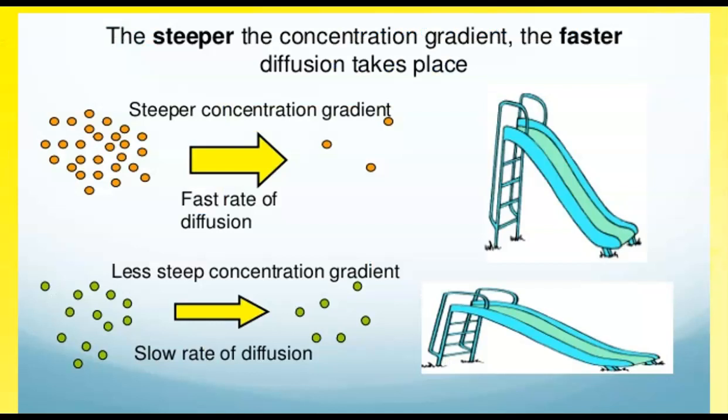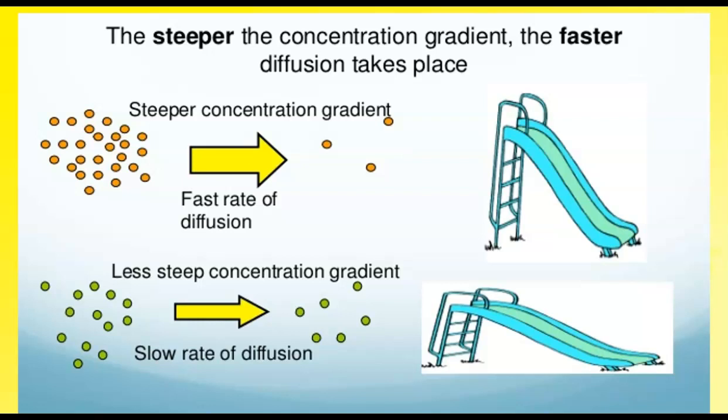Another thing that goes along with that is how quickly diffusion is going to happen. If we have a steep gradient, and here we've got a steep slide, at the top of that slide you would move to the bottom really quite rapidly. That represents a steep concentration gradient.